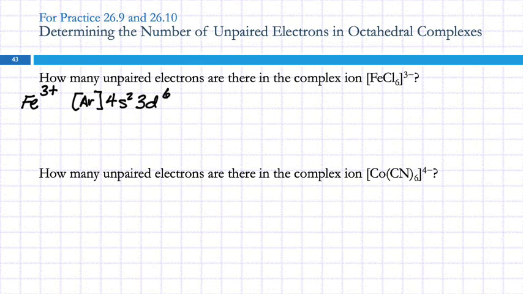But it's an ion, so +3 charge means it has lost 3 electrons. The first 2 that go are the 4s valence electrons, and then the next one comes from the 3d. So we're going to end up with Ar 3d5. The d orbitals have 5 electrons.